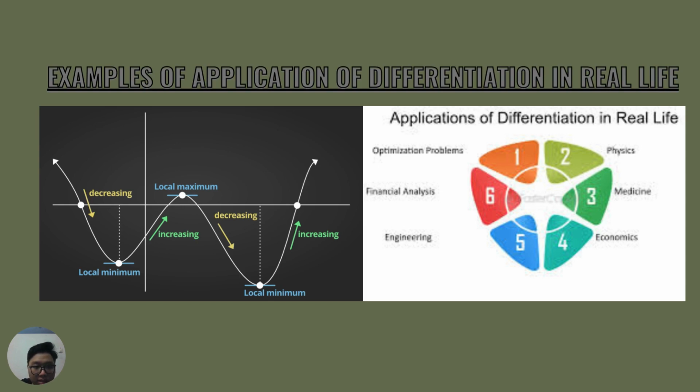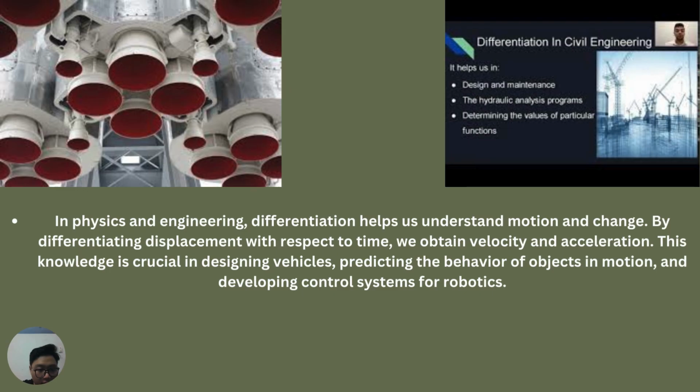So let's start with the examples of application of differentiation in real life. You can see in the picture there are applications of differentiation in real life, such as optimization problems, financial analysis, engineering, physics, medicine, and economics. In physics and engineering, differentiation helps us understand motion and change.